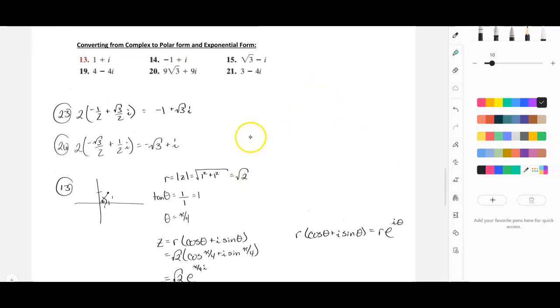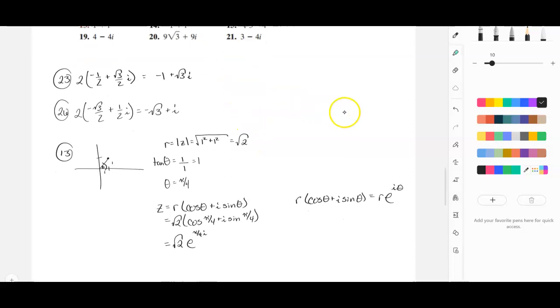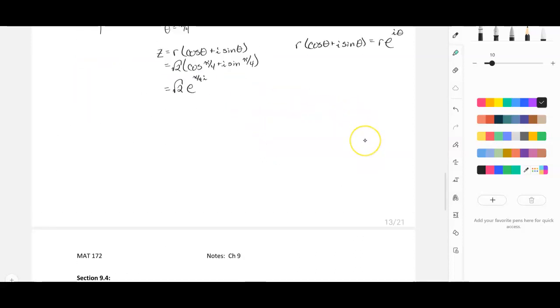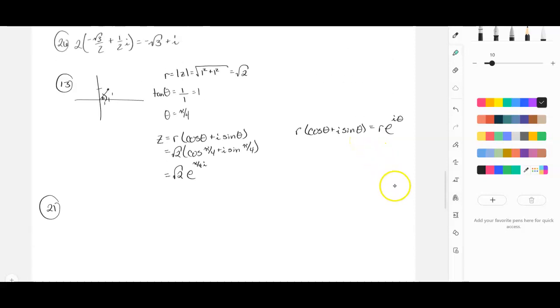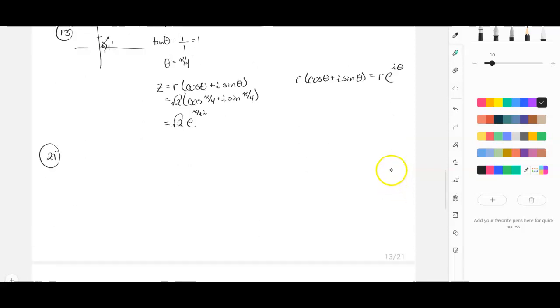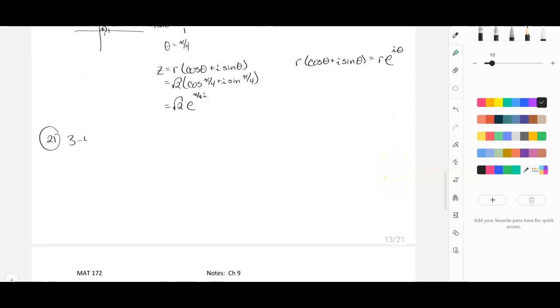Let's do one more of these. Let's look at number 21. In 21, we were looking at 3 minus 4i. It's going to help to draw a picture. So for 3 minus 4i, we've got to find that modulus.